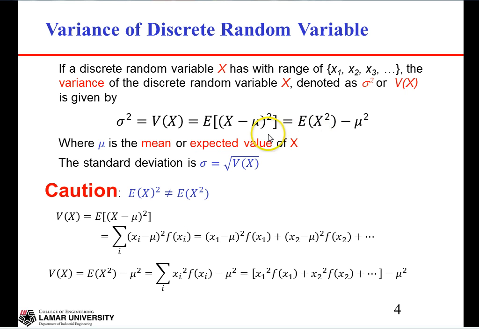If you use the second expression, then you should square each individual value of x, multiplied by the corresponding probability mass function. After the summation is done, you subtract the square of the expected value, mu squared. You get the variance of x. So these two are equivalent. You can choose either one of them.